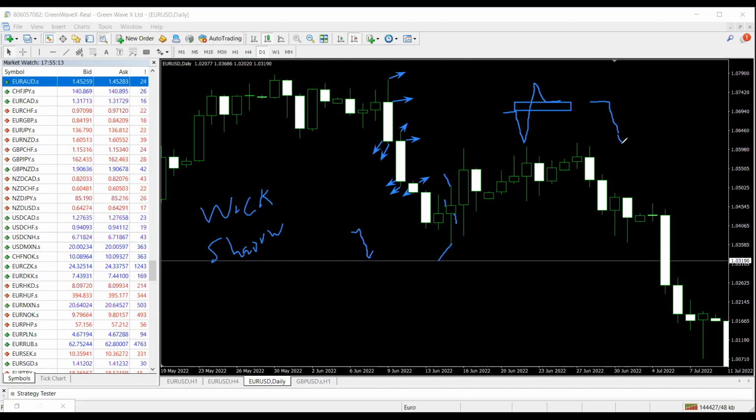But the buyers came back again and pushed it much more strongly than they did yesterday. And then the sellers closed it back a little bit lower. But overall, the buyers still stayed in control.